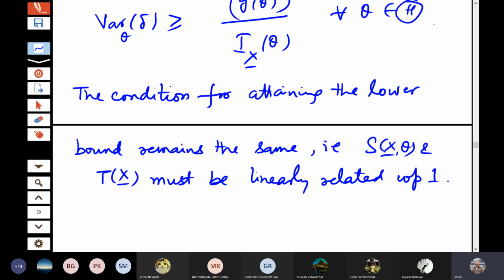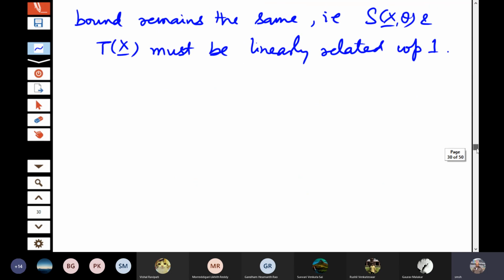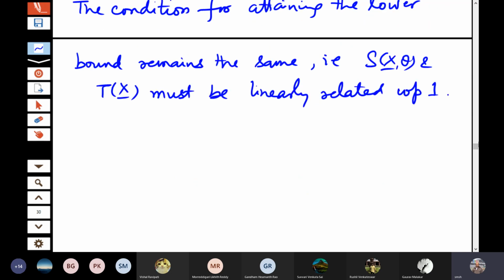If that is so, then you can characterize all functions for which the lower bound is attained. So I can state it in the form of the following theorem.